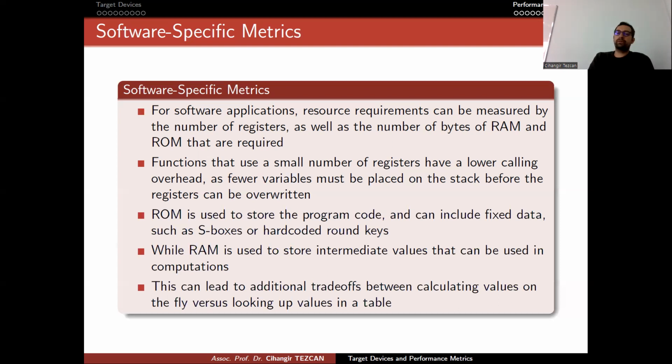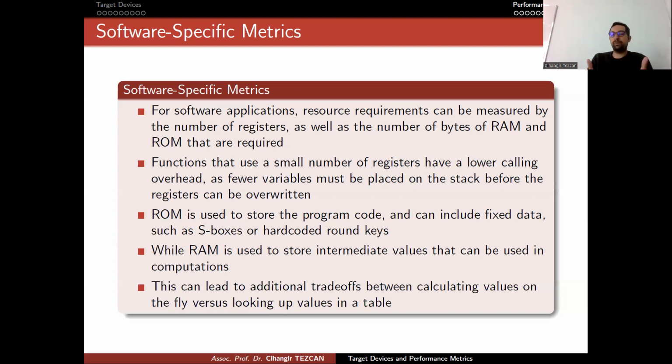Sometimes you prefer to do everything on the fly to save memory. But if you do those operations on the fly, you have to perform a lot of operations, so you lose CPU cycles, but you save memory. So it is a time-memory trade-off.